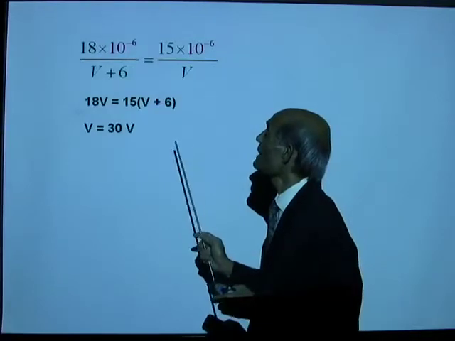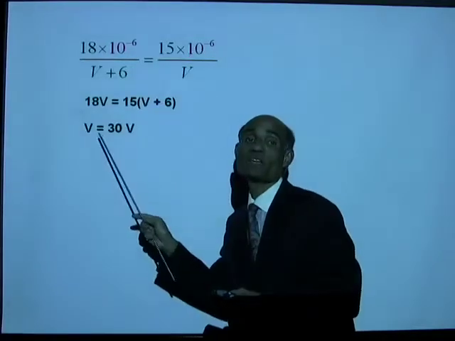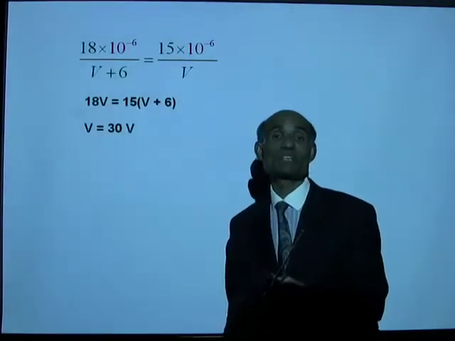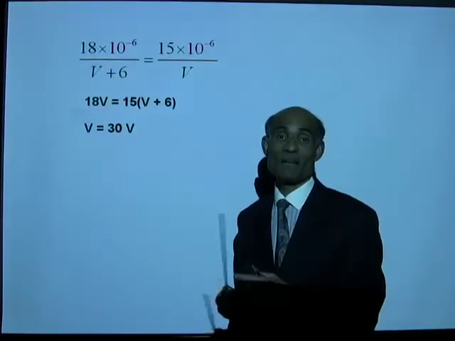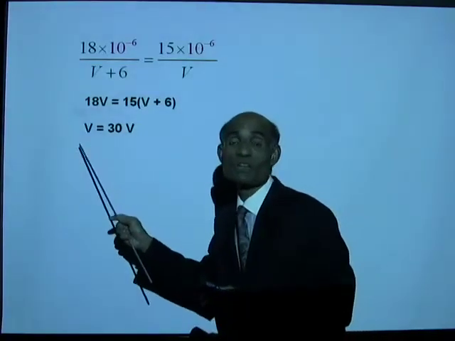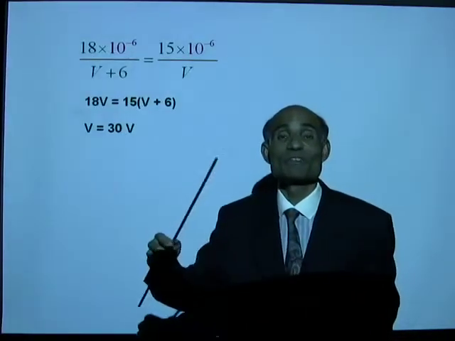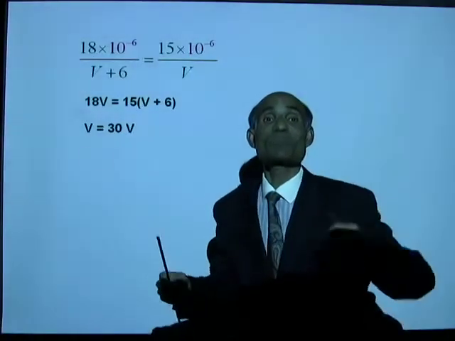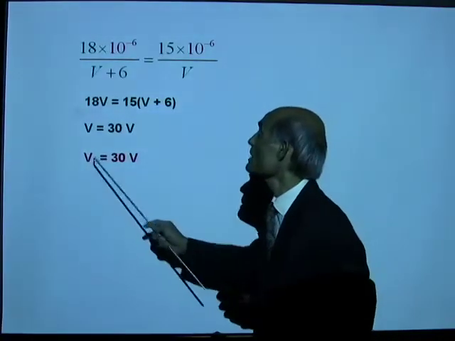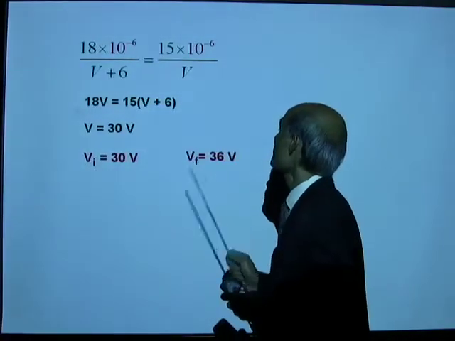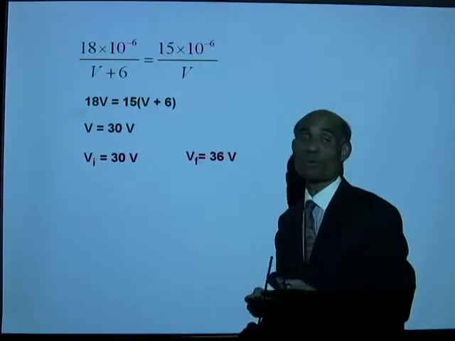And distribute that and solve for V. You get V equal to 30 volt. Well, this is the initial voltage. If the initial voltage is 30 volt, what is the final voltage? The final voltage is 30 plus 6. So V initial is 30 volt, V final is 36 volt.